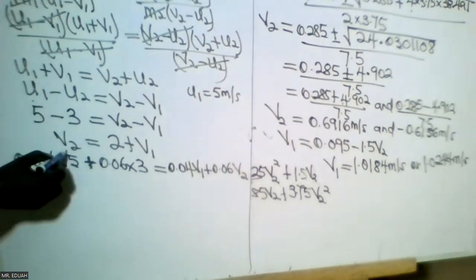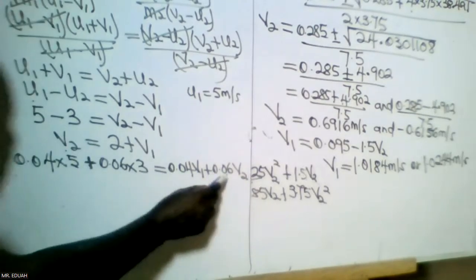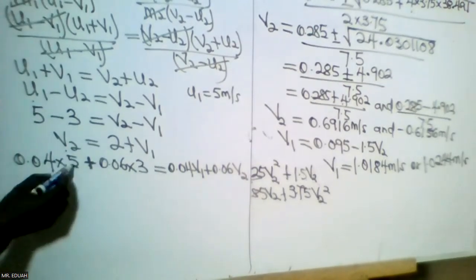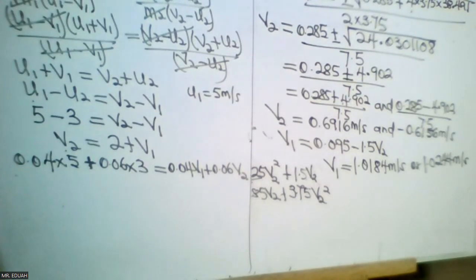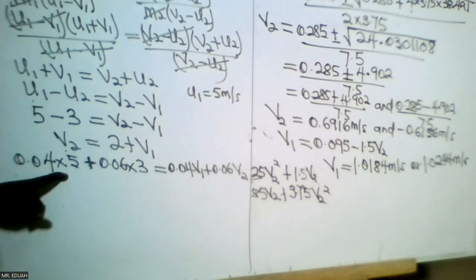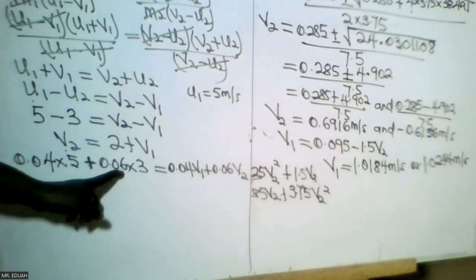We have an expression for V2, so wherever you see V2, substitute. Please sum this up for me: 0.04 times 5 plus 0.06 times 3.